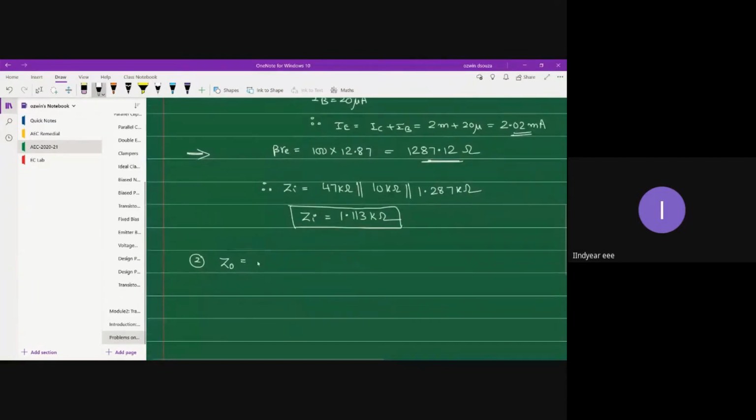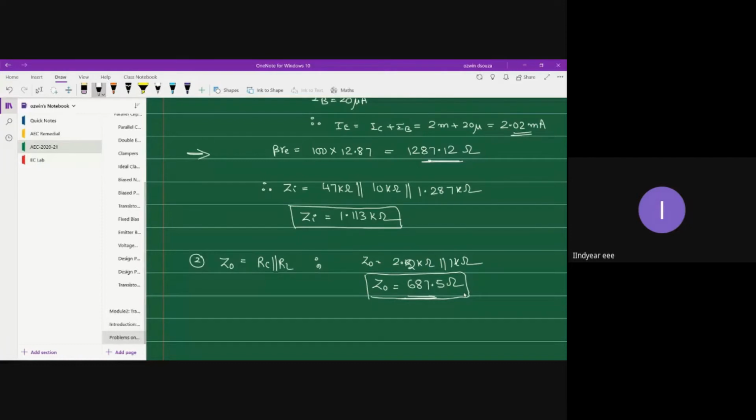So Z0 becomes RC parallel with RL. All right. So what is the answer? Tell me. So RC is 2.2 kilo ohm parallel with 1 kilo ohm. So Z0 is 687.5 ohm. Are you getting this? Can anyone confirm? Okay, so that's your Z0.